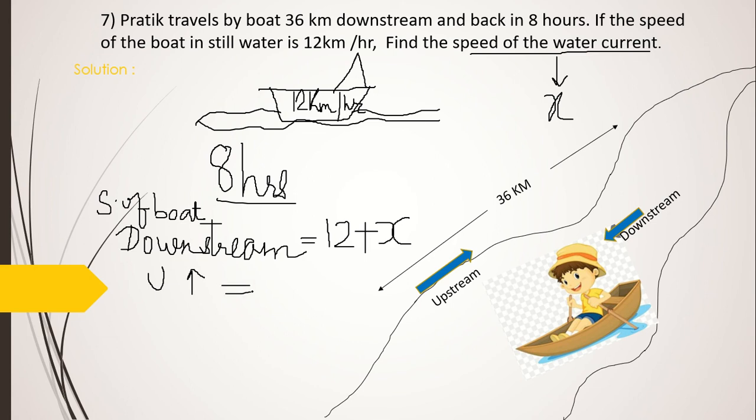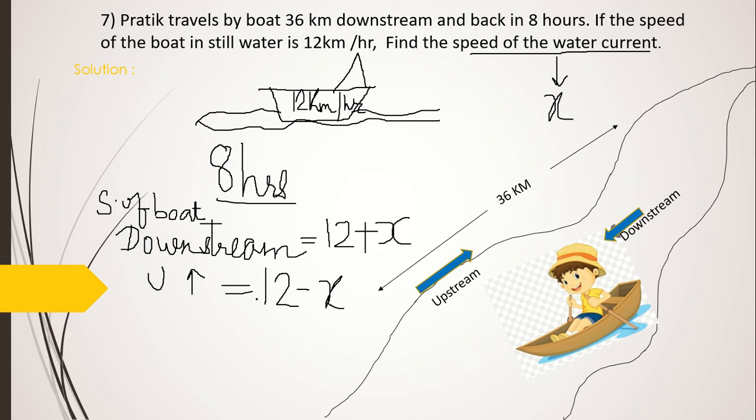Now see, upstream what will happen? The boat will have resistance from the flow of the water current, so its speed will decrease. Now this 12 has to be more than x, otherwise the boat cannot go forward. If the speed of the water current is more than 12, then the boat will be pushed back by the water current and will not move forward at all.